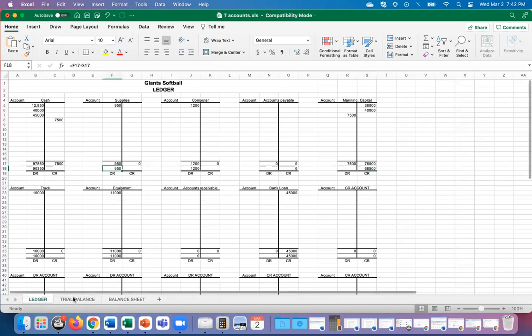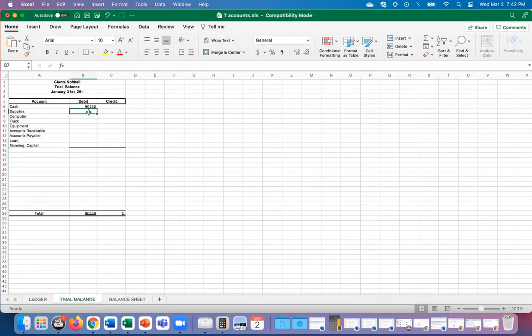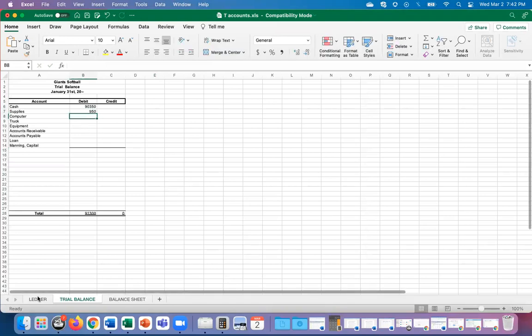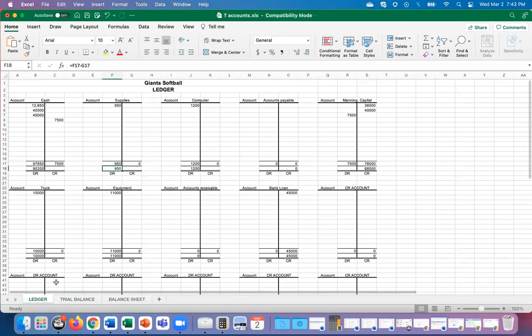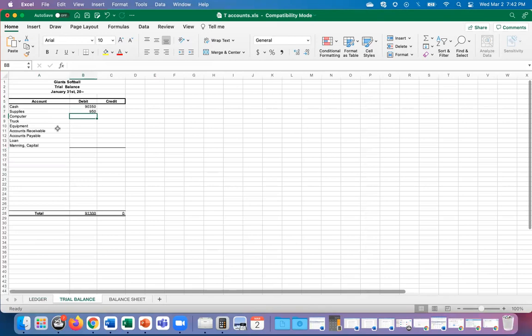Supplies we have at 950. So I'm going to put that in the supplies account. Computers up next. So we got 1200. Remember, these aren't the right numbers of the finished product because I didn't do all the transactions, right?